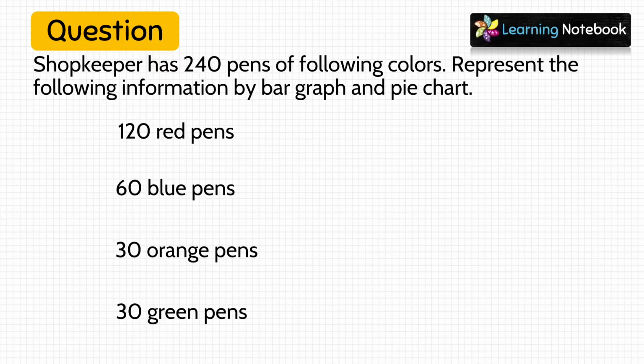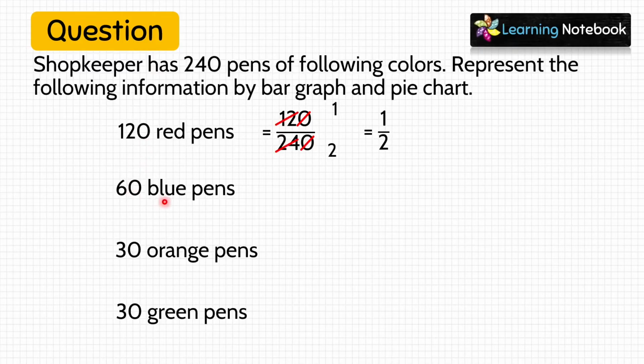In total, there are 240 pens and number of red pens are 120. So, fraction of red pens equals to 120 upon 240. Simplify it and we get the fraction of red pens as 1 by 2.